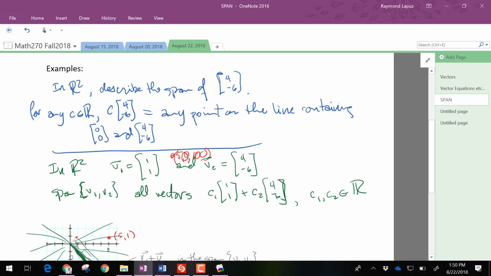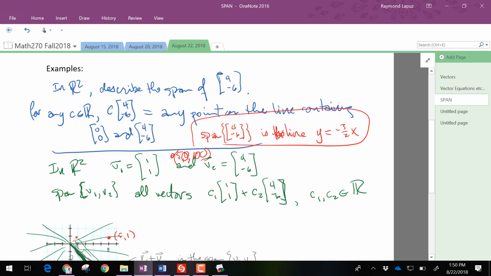Well, the span is 4, minus 6. It is a line, or is the line. What's the equation to that line? 0, 0 to 4, minus 6. What's the slope? Minus 6/4. So the line that goes through 0, 0 and 4, minus 6.